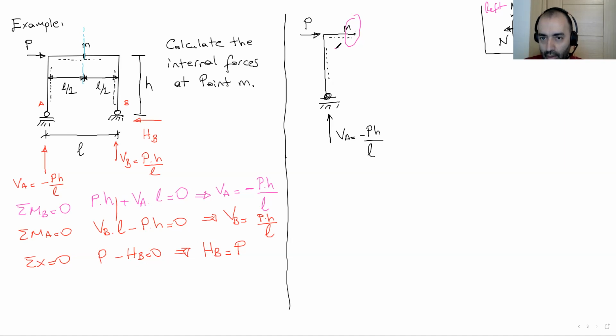As you can see, the solid line at the top coincides, and the dotted bracket line is at the bottom, that's okay. So when I look at this direction, that means the cut point is the right side of the member. So that's why I'm going to use the positive directions of the right side.